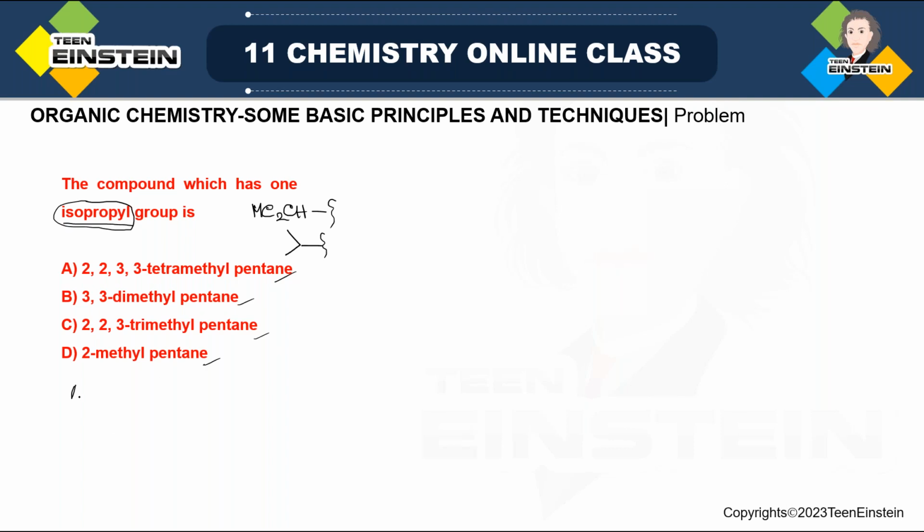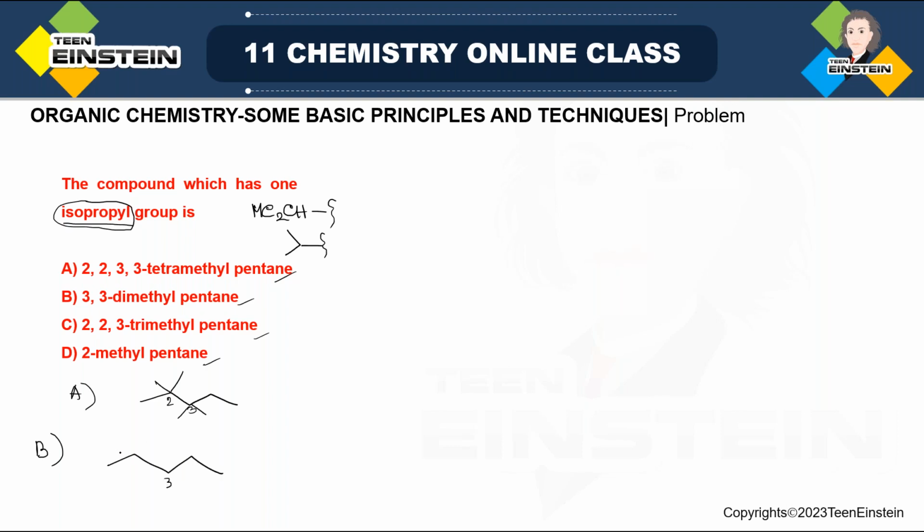So this is the isopropyl group. Now let me draw the first molecule A, 2,2,3,3-tetramethylpentane. Whenever it is ending with pentane, simply write the chain first. Now suppose this is position 2, this is 3. At 2 position 2 methyl groups, 3 position 2 methyl. But in this molecule you do not have an isopropyl group. Then the second molecule, again pentane.